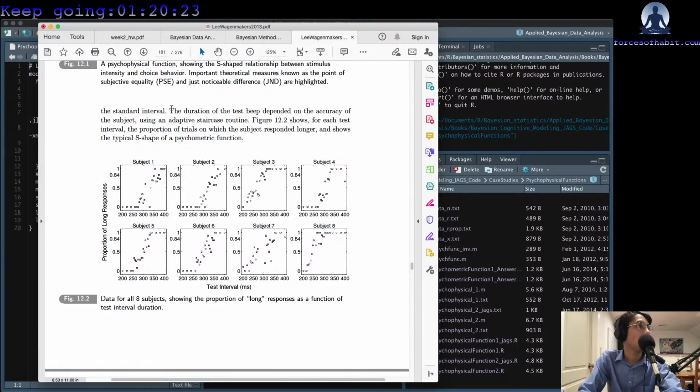In addition to that, in this particular experiment, we took an adaptive staircase routine.